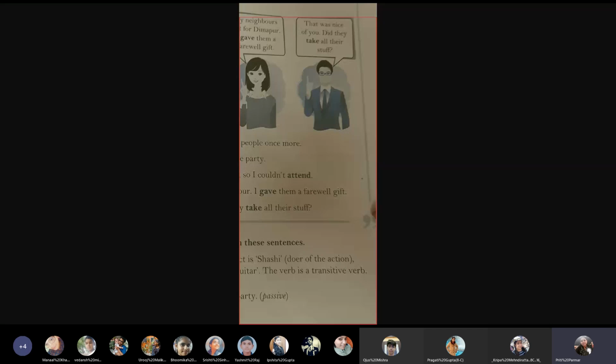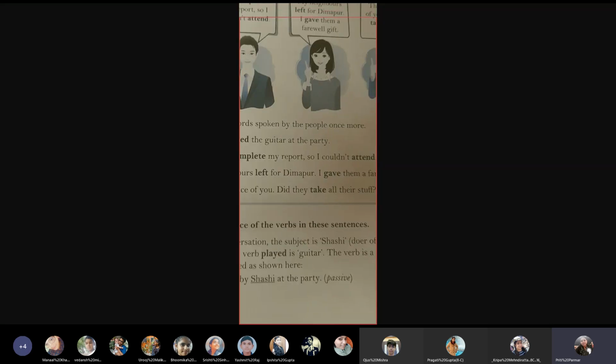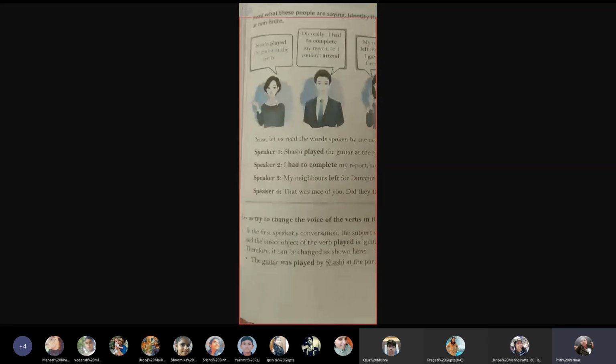So again, in passive, it will be changed into past tense, and it will be a farewell gift was given to them by me. The subject, which was earlier in the front, has come at the back. And the first half of the sentence would remain the same.